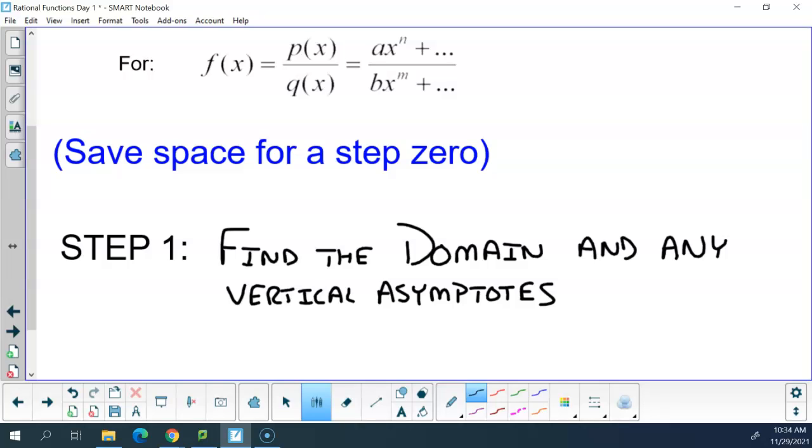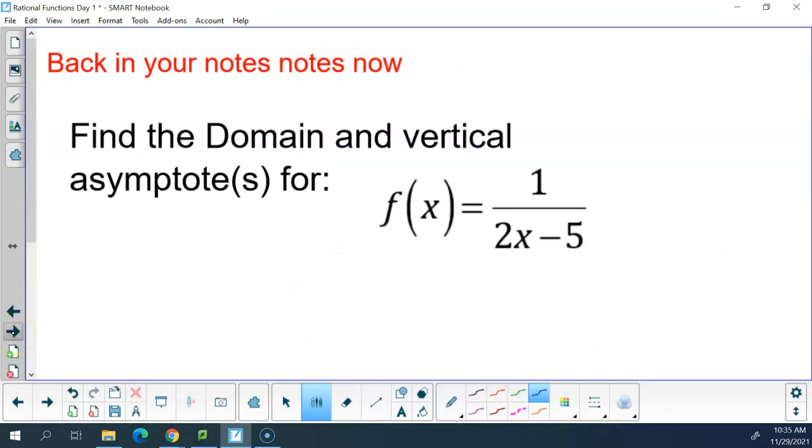Set what equal to 0? Set the denominator, the bottom, equal to 0. And then solve, right? So that's what we need to do. Set our denominator equal to 0, and then we solve. Ready? Let's do it.